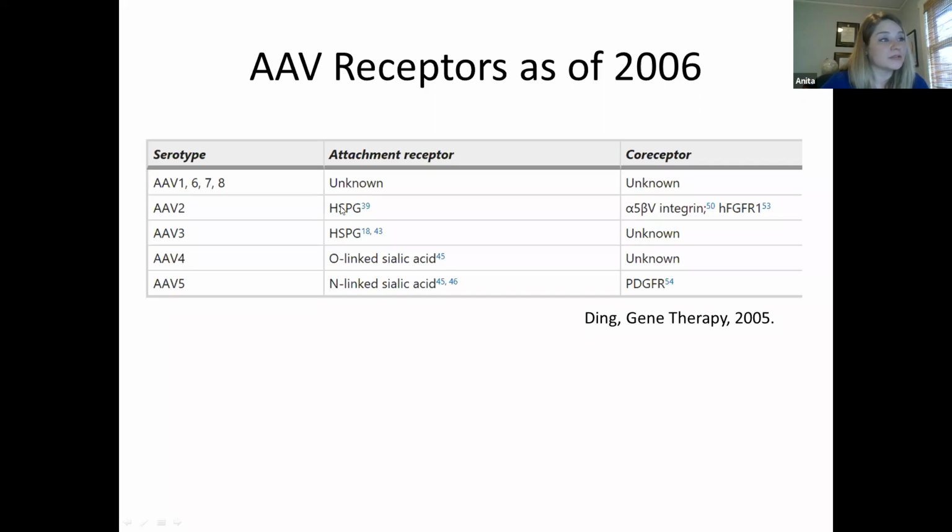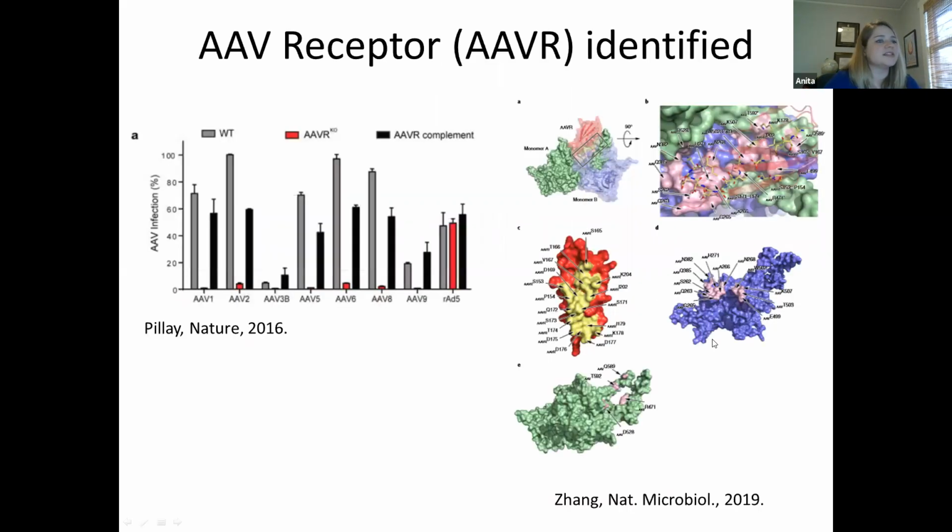So for example, coronavirus does have a co-receptor. I said I wasn't going to mention it and I did it, I'm sorry. And then AAV4 and 5 have these sialic acids. And then for AAV5, it was co-receptor PDGFR. So that was as of 2006.